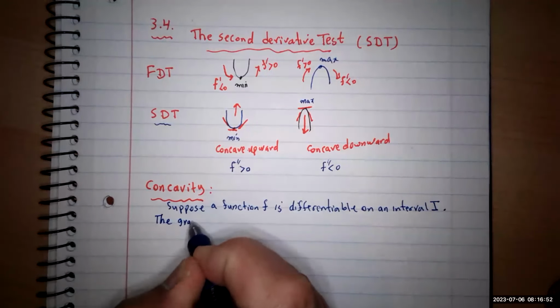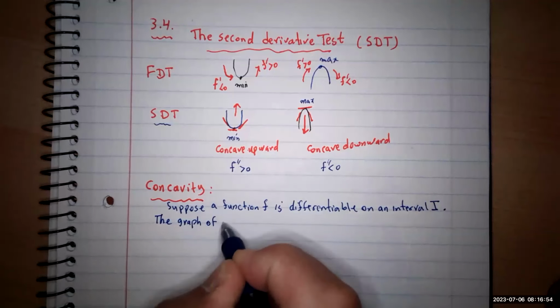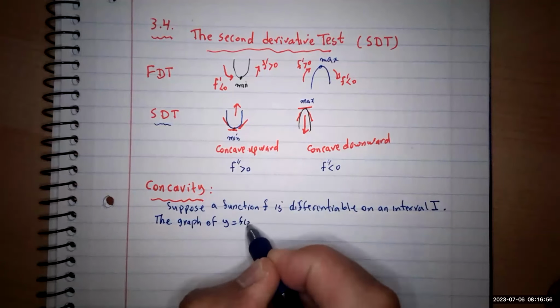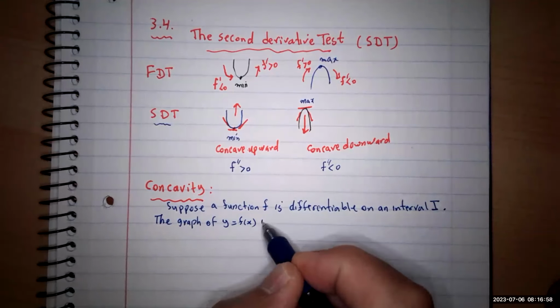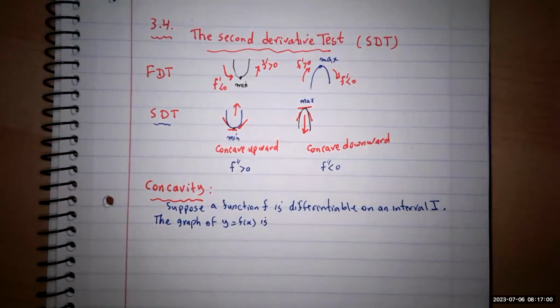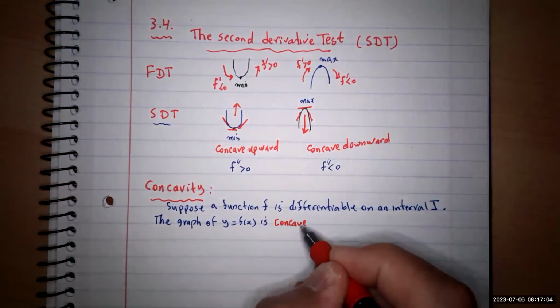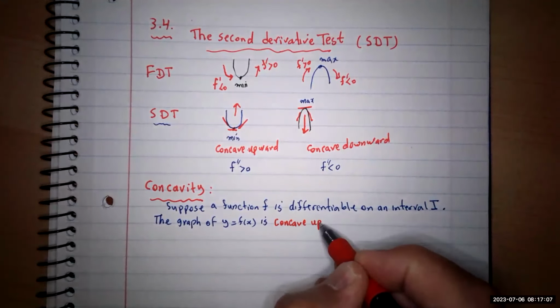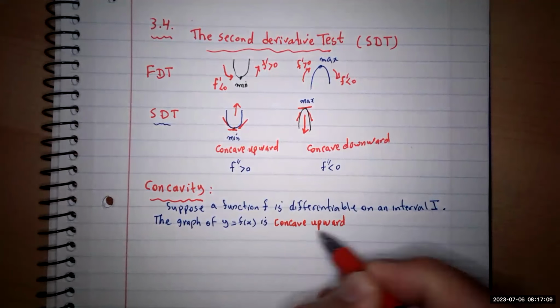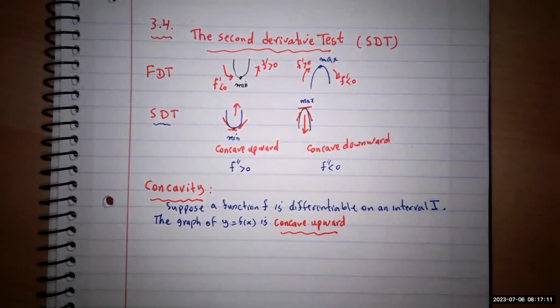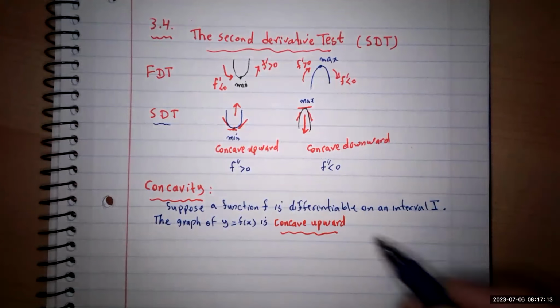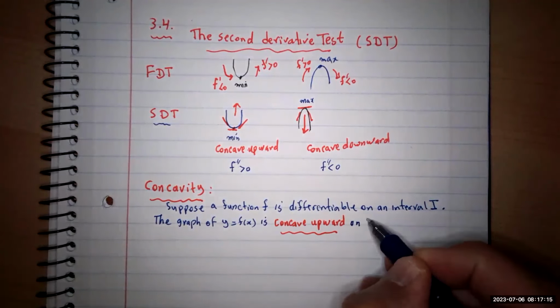The graph of y equal to f of x is concave upward, or curving up. This is the same thing. Concave upward on I.